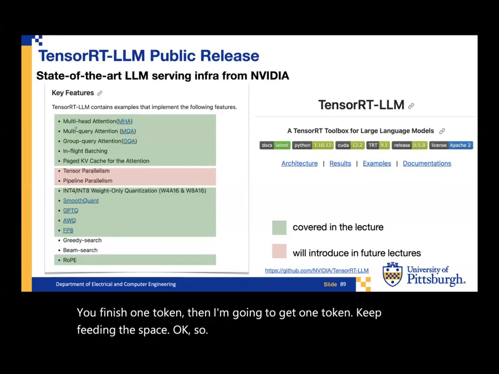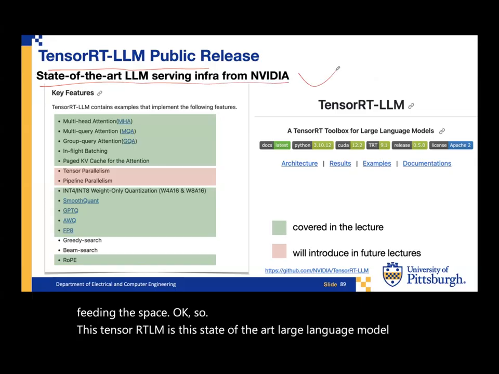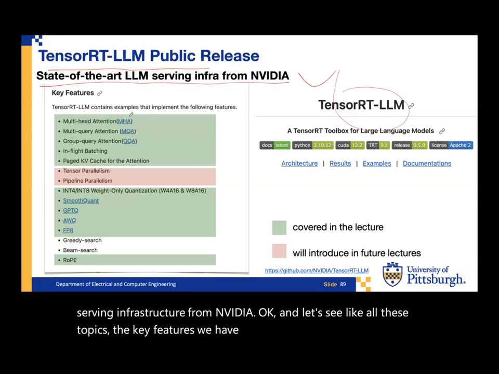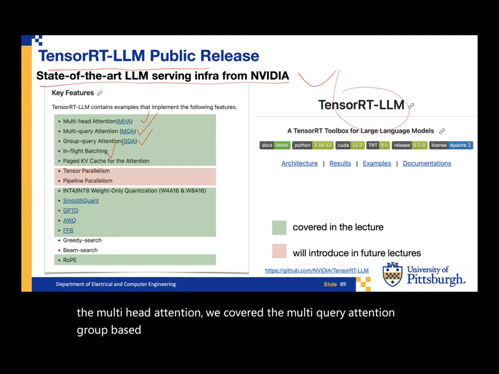So far, TensorRT-LLM is the state-of-the-art large language model serving infrastructure from NVIDIA. Let's see all these topics, the key features we have covered in this class. We covered multi-head attention, multi-query attention, grouped-query attention. We talked about in-flight batching. We talked about paged KV cache. We talked about W4A16, W8A16.